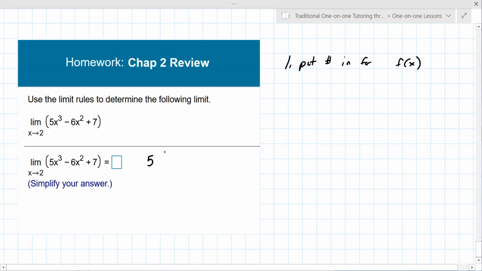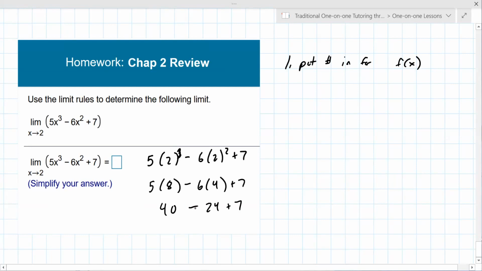Okay, and I guess it's not zeros. So it'd be 5 times 2 cubed, which is 8, minus 6 times 4, plus 7. So then 5 times 8 is 40, minus 24 plus 7.